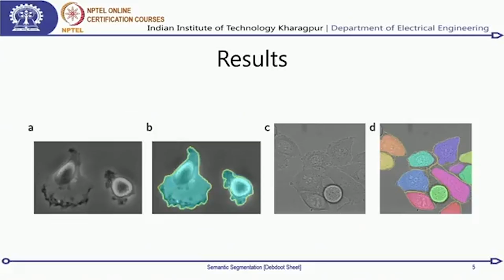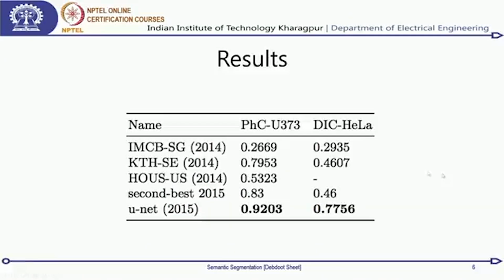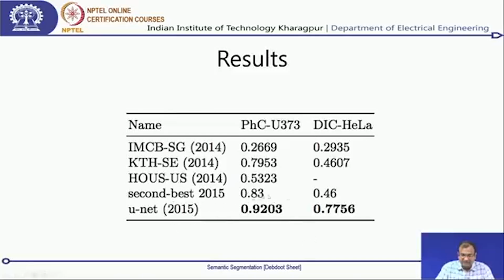Now, this is one kind of a network, a very famous network in the biomedical image segmentation community called UNet. These were the results when it was solving the cell segmentation challenge in ISBI in 2015, and this is where it stood. It was way ahead. The score here is just the IOU, or intersection over union.